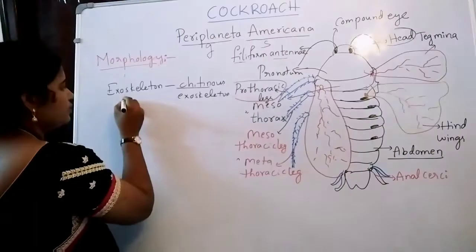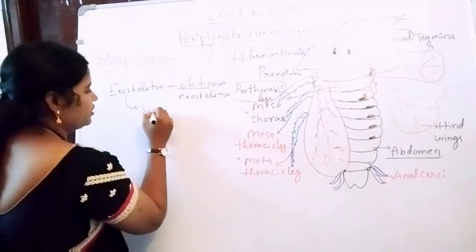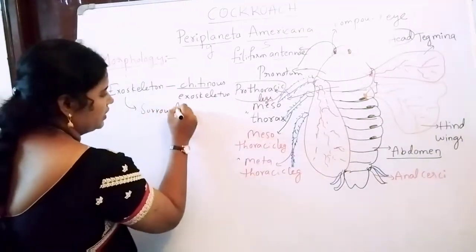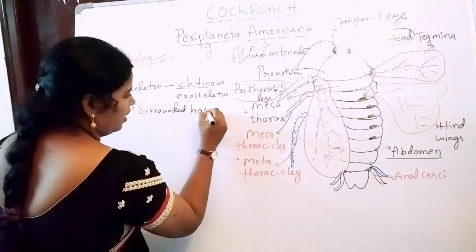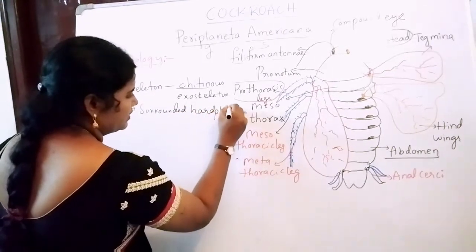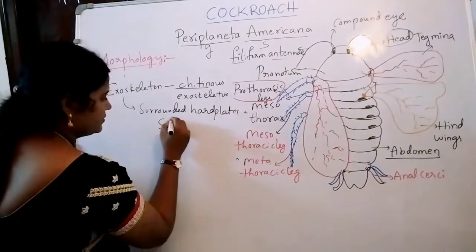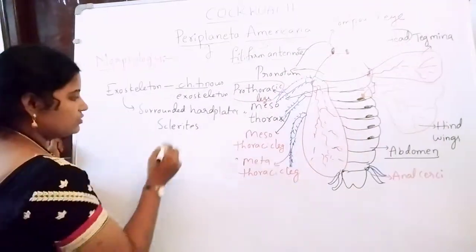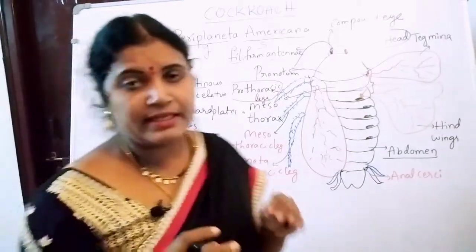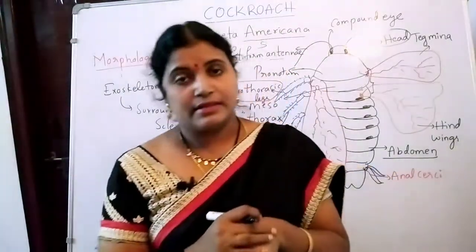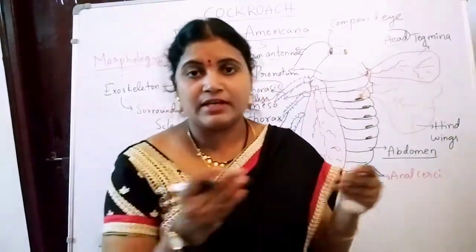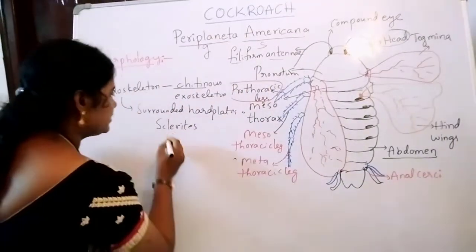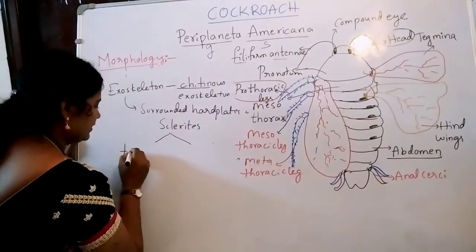And also the exoskeleton is surrounded by hardened plates, known as sclerites. Dorsally it is covered by one kind of sclerites, known as tergites.